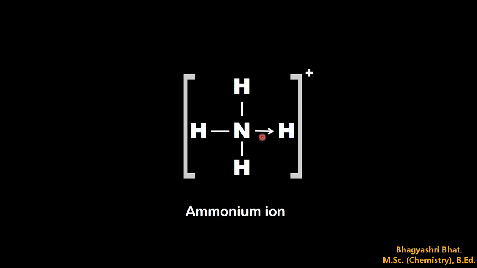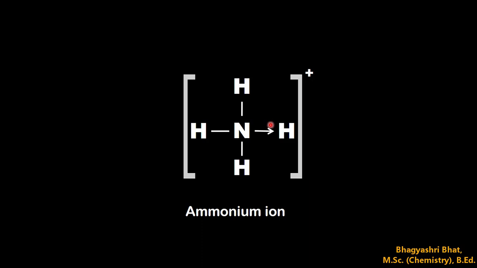There are two types of bonds in this compound. The arrow bond is the dative bond, also called coordinate bond, and the single bond is nothing but a covalent bond. We know in a covalent bond there is sharing of electrons. In a coordinate bond also there is sharing of electrons.